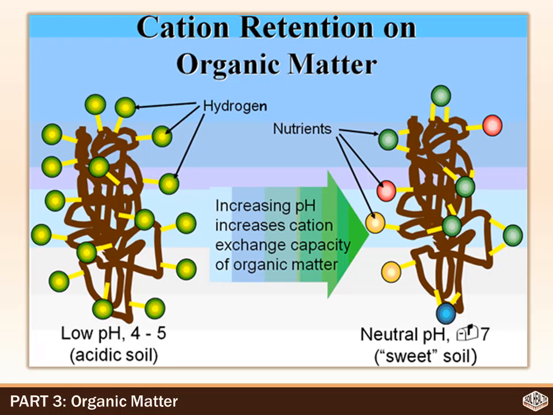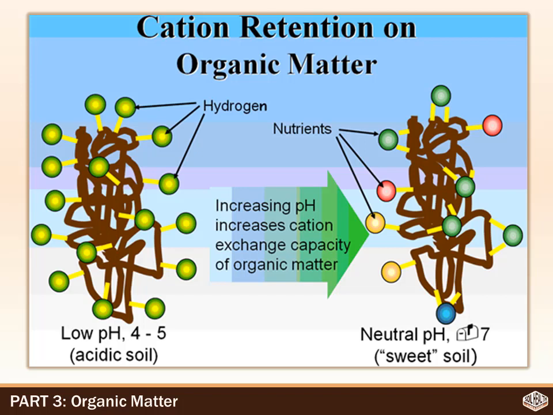The term pH actually comes from the French words pouvoir, which means power, and hydrogène, which is hydrogen. pH refers to the power or the strength of the concentration of hydrogen in a solution. It's actually a negative logarithmic number, so as pH increases, there's less hydrogen in the system.